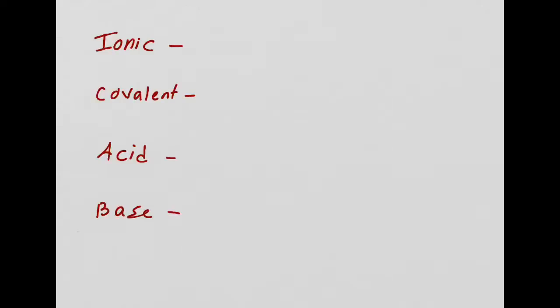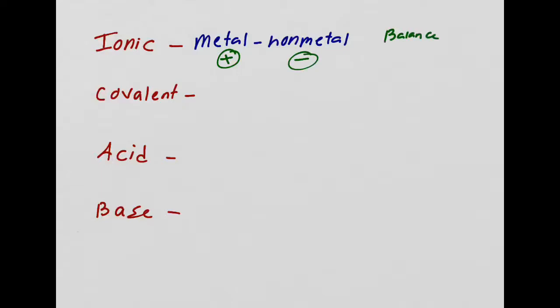Now, we said we have 4 types of compounds. The first type is ionic, and ionic is when you have a metal and a non-metal. Again, this is all review, but let's review. When you have an ionic compound, it is a metal and a non-metal, and metal is cation, non-metal is anion. And what you have to do is balance charges.